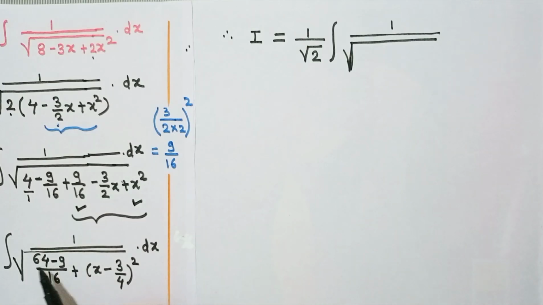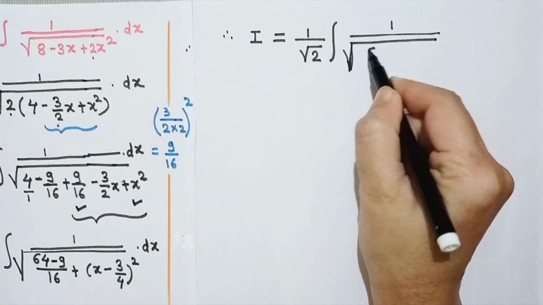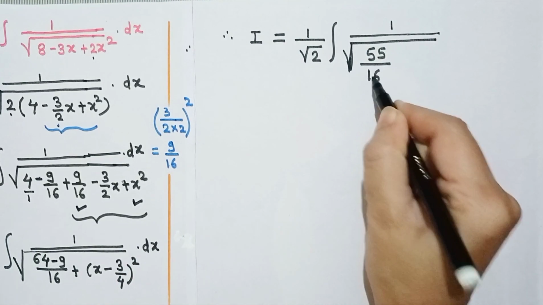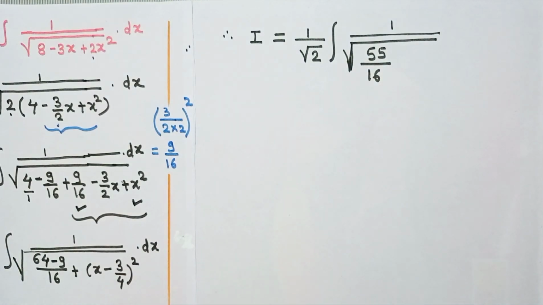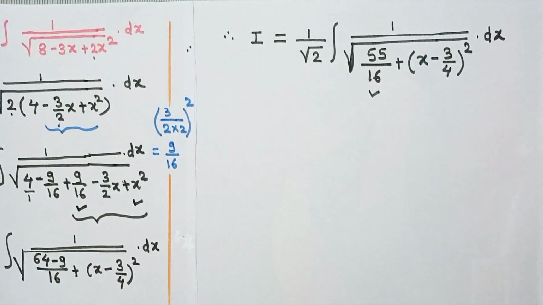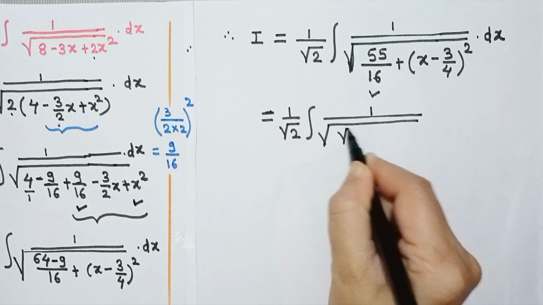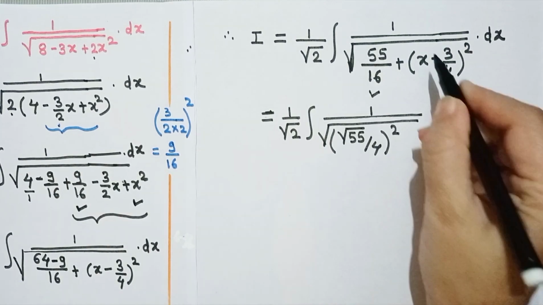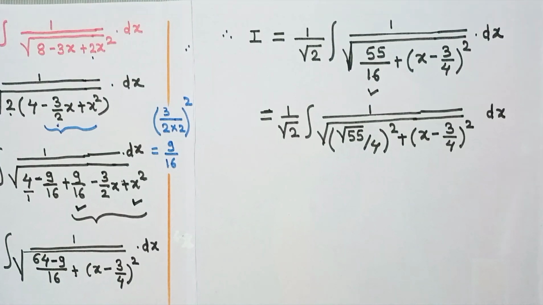Now check here, 64 minus 9 is 55 and then the denominator is 16, and again we will keep this term in the square form. So here we will write root 55 upon 4 and this term as it is.